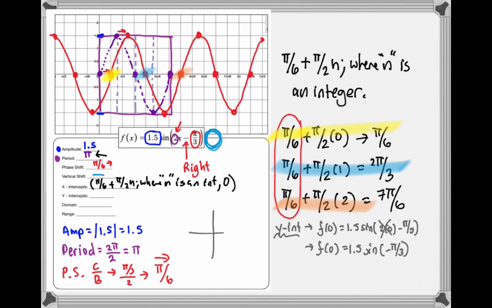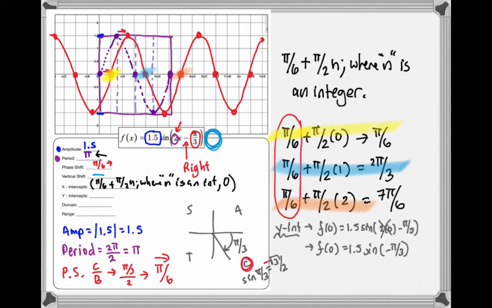So that means we're going to have to use the trig ratio here. All Students Take Calculus, and our reference angle is going to be pi over 3. We know that the sine of pi over 3 is root 3 over 2. However, it's parked in cosineville, which means that result is going to be negative, because only cosine is positive there.